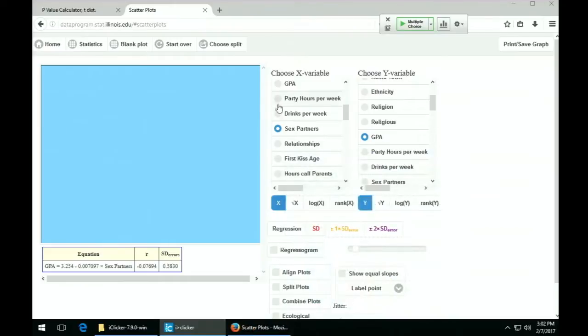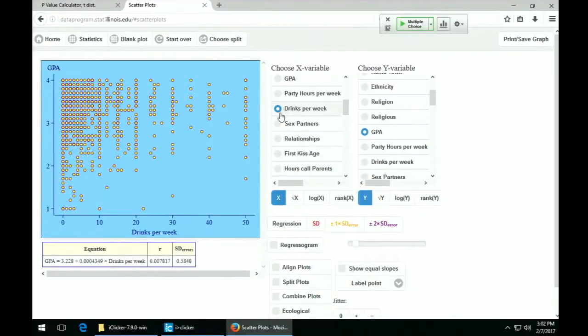So what are we going to do? We're going to do drinks and GPA. And what is it? Is that right? It's positive slightly. What is it? Wait a minute, oh my gosh, let's look at this. There's the regression. Oh my God, that is astounding.